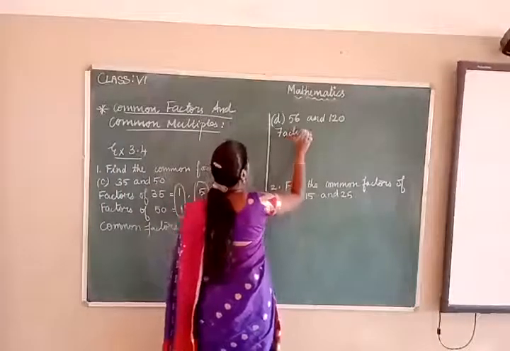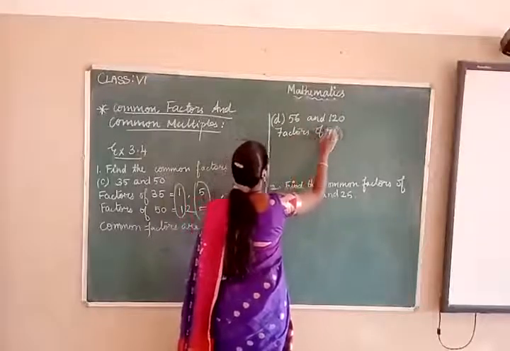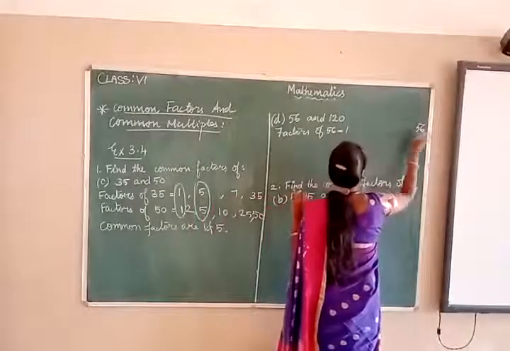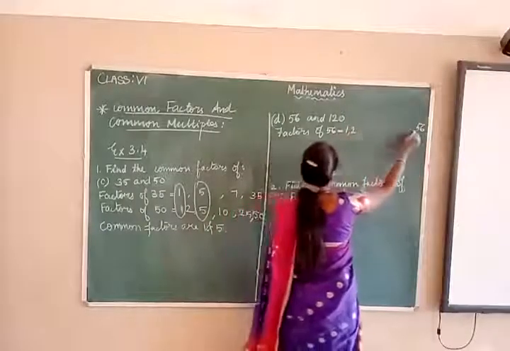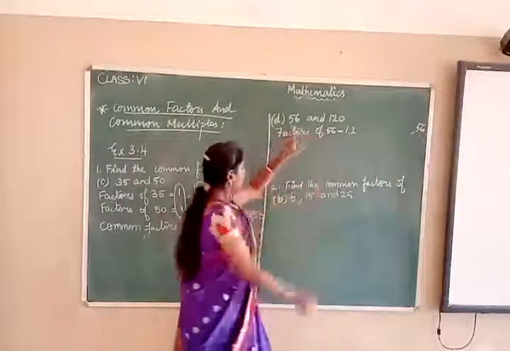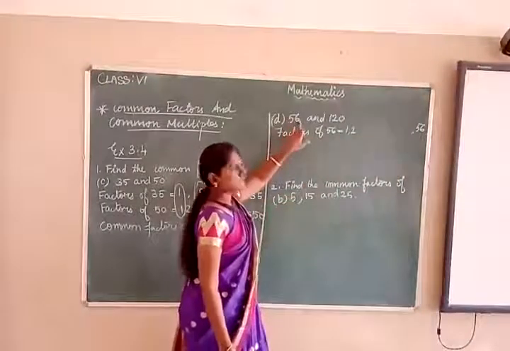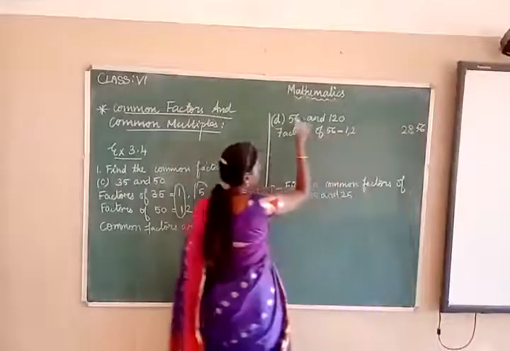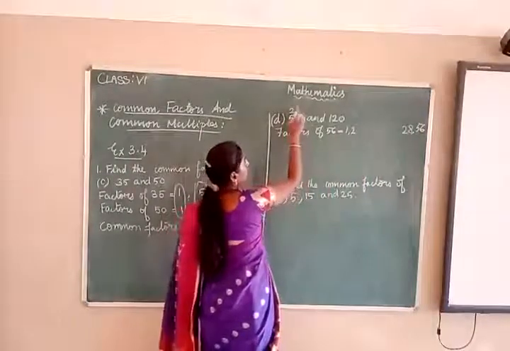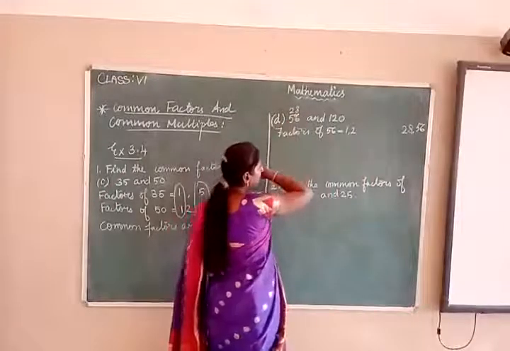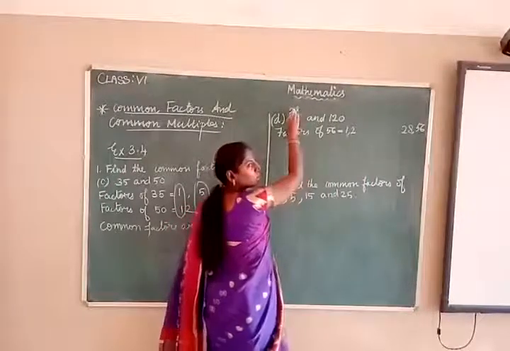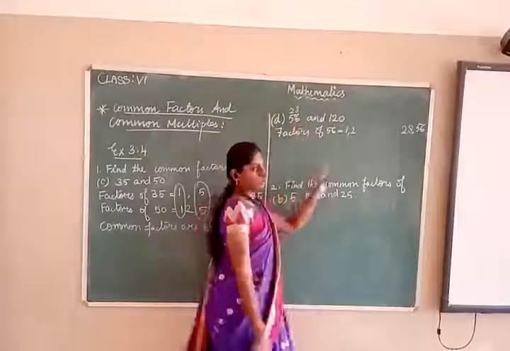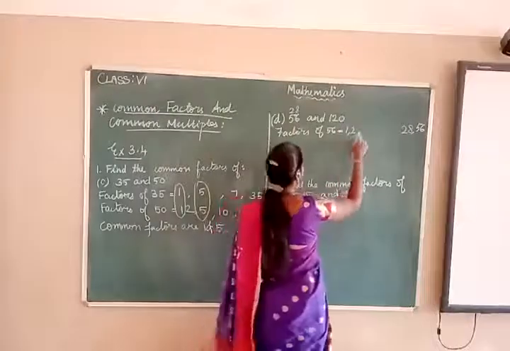Factors of 56. So how to write: 1, 56. And in 2 table? Yes, it comes in 2 table, right? 2 2s are 4, 1 is left out, 16. So 28. Okay, 28. Then will it come in 3 table?